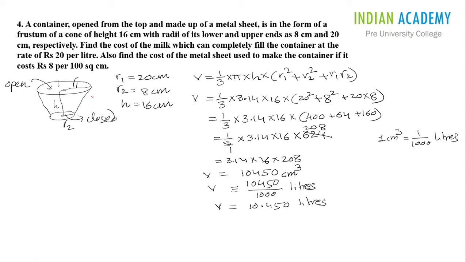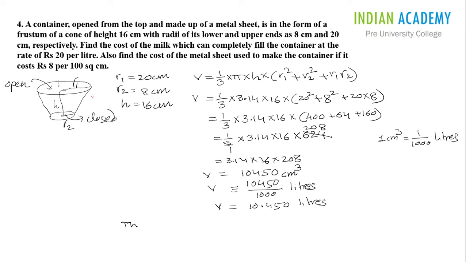So that's the volume of the container, or in other words, it's the volume of the milk which is filling the container. And the rate of milk is given as rupees 20 per liter. So per 1 liter is for rupees 20. So 10.450 liters will be how much? So we will calculate the cost now.